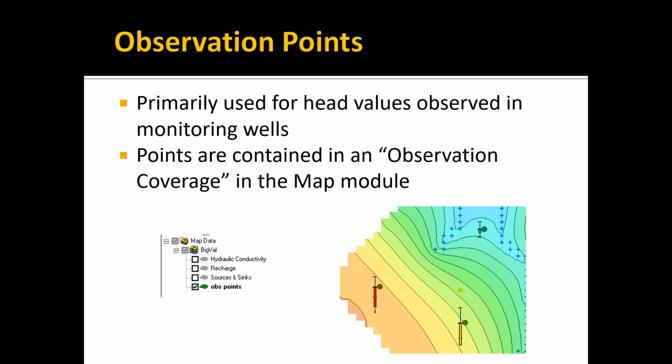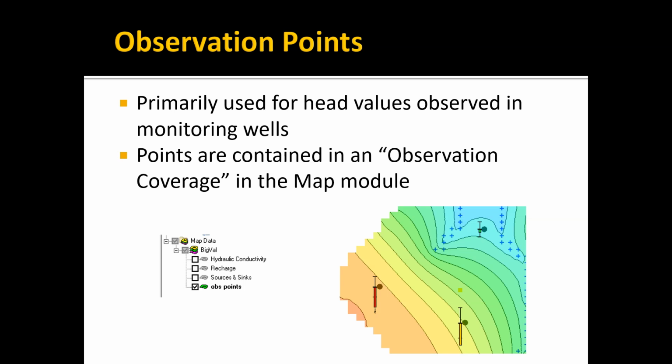The first thing is something that we call observation points. These are used primarily for monitoring wells. Theoretically, you could have observed concentrations for a contaminant transport model, for example, but typically it's heads associated with wells. And so this is a coverage in the map module.